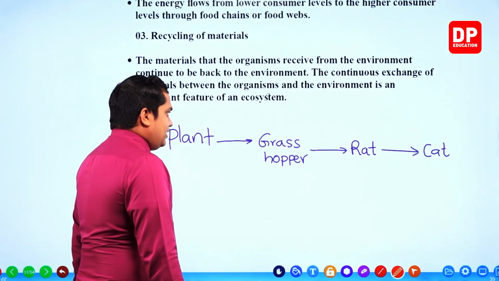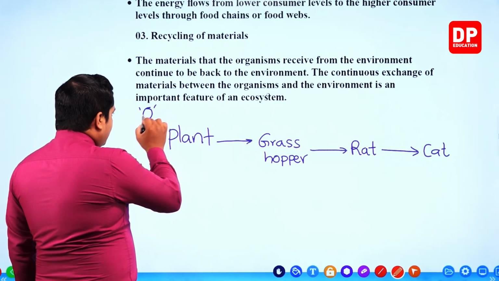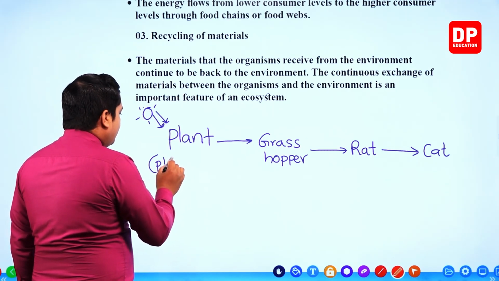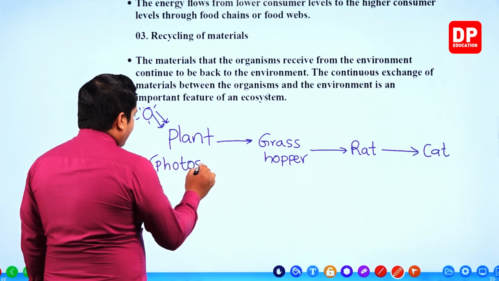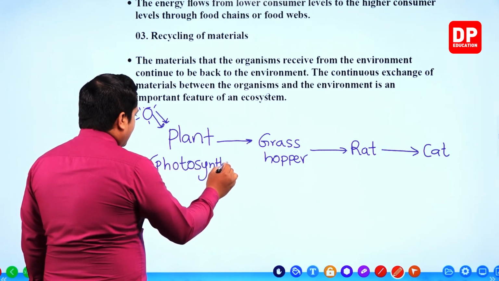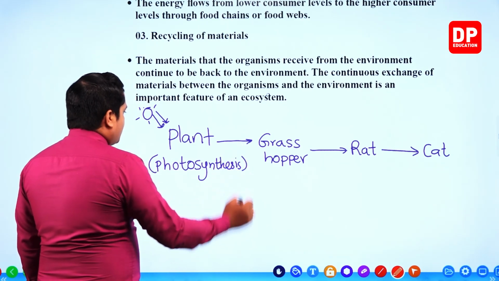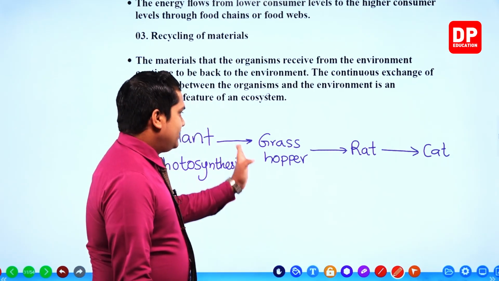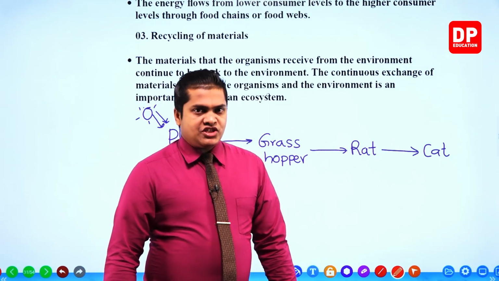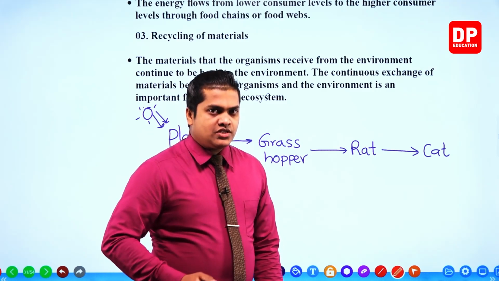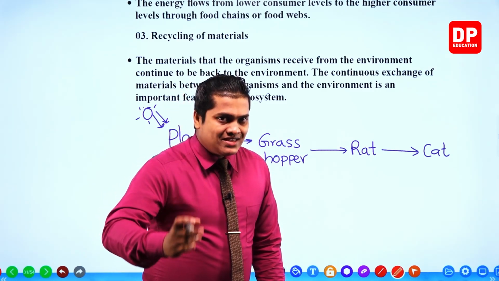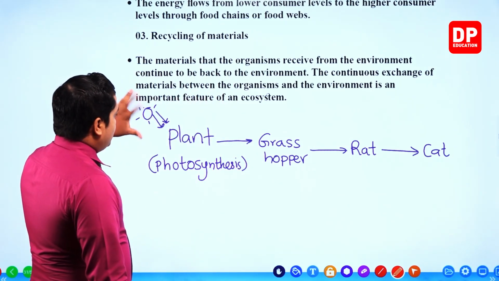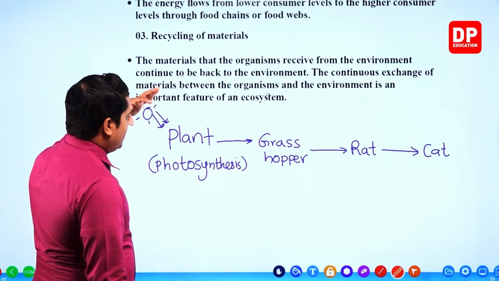However, the plant receives this energy mainly from where? Photosynthesis. So that's why plants are also referred to as producers. These are called consumers. Those are the ones who consume the energy that was synthesized by the plants, which are the producers. So the sun provides solar energy to the plant.